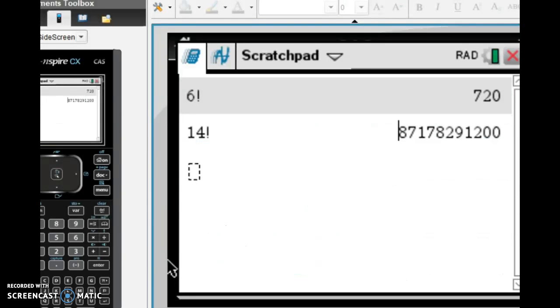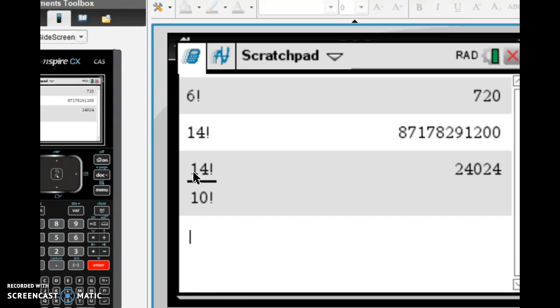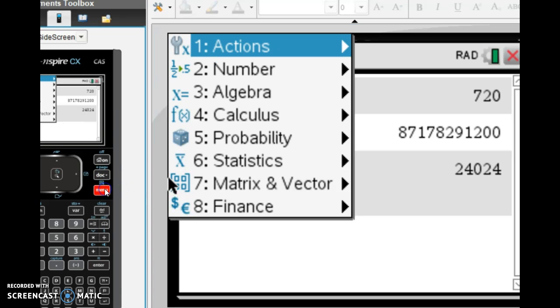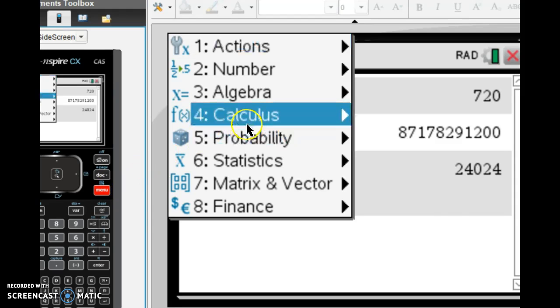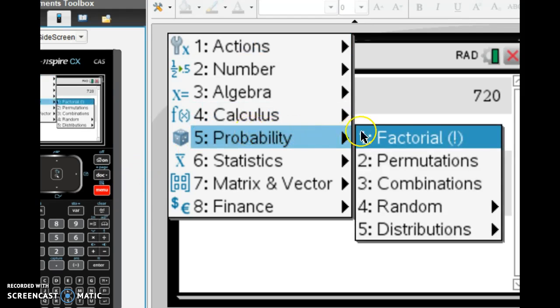Now we could of course just go ahead and write 14 factorial divided by 10 factorial. That will do it, but we can be more specific if we want. We can go here to menu, and then in probability we have, oh look, one that is called factorial. You could use that too.